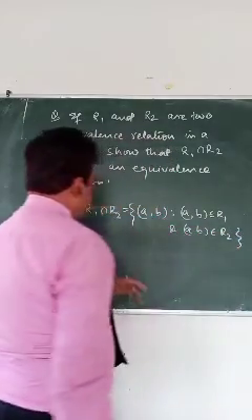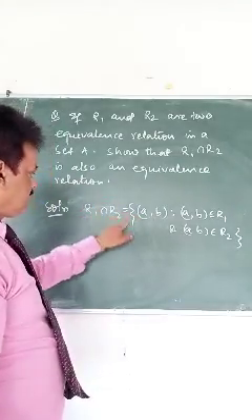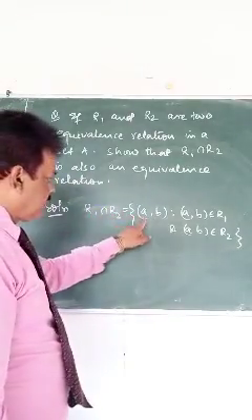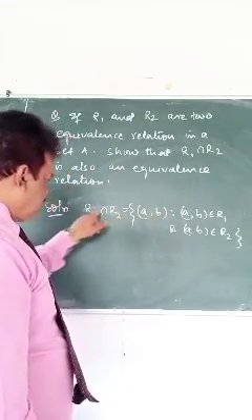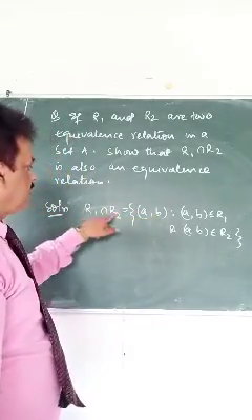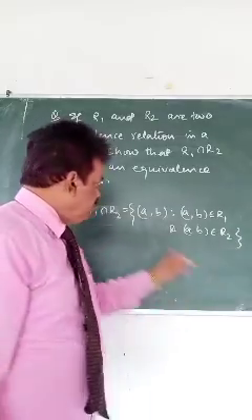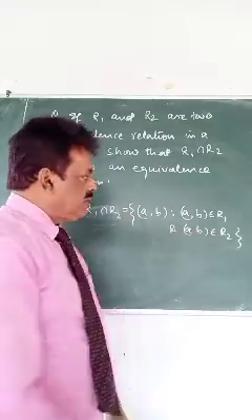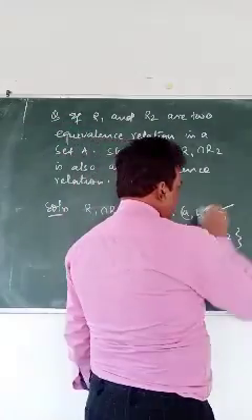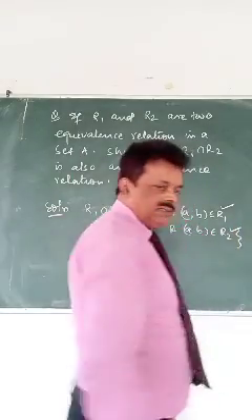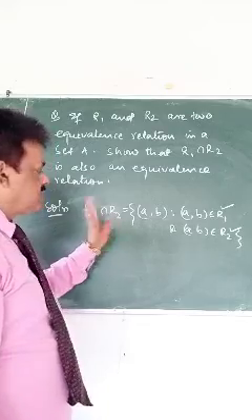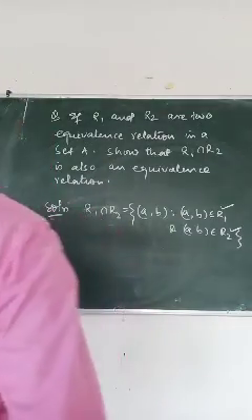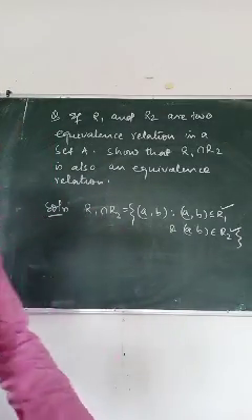That means any element in this is an ordered pair present in both R1 and R2. That is the meaning of this. You are already given that R1 and R2 are equivalence relations, but you want to prove that the intersection is also an equivalence relation. So now we have to check reflexive.